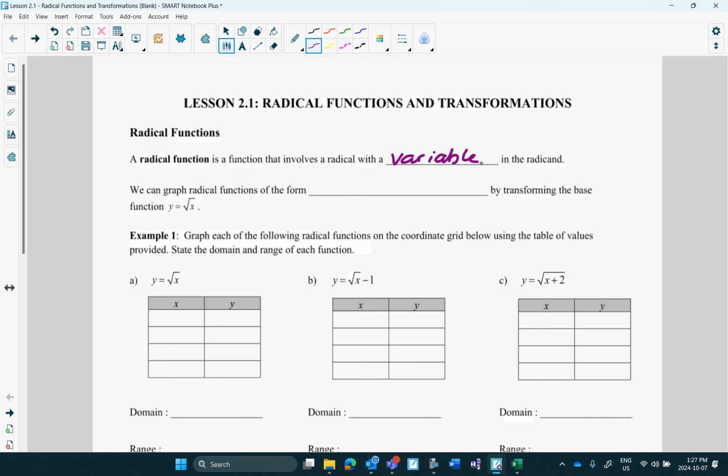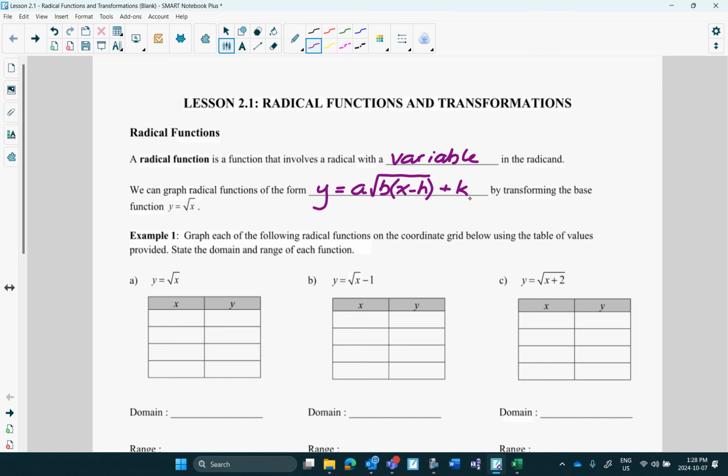But we don't use the fancy f. Instead, we use the radicals. So we can talk about transformations that look like a square root of b times (x minus h), and then at the end, plus k. If you know the most basic radical one, you can figure out all the transformed ones using this equation that we've already seen in the first unit.